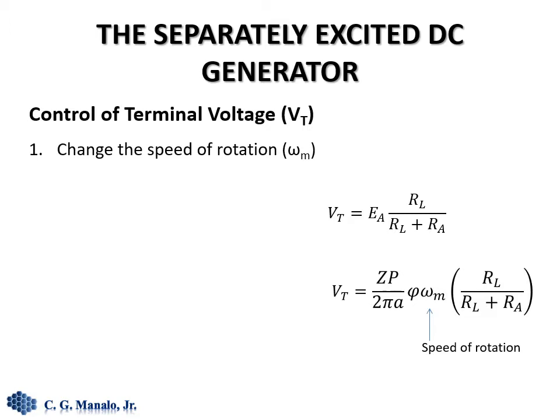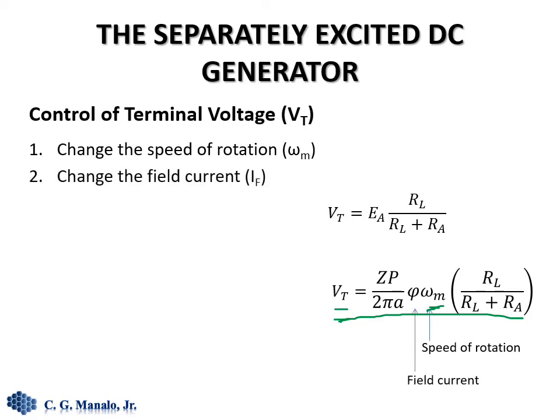Based on the equation for terminal voltage, the speed has a direct effect on the terminal voltage of the DC generator. So we could vary this, and that would change our terminal voltage.